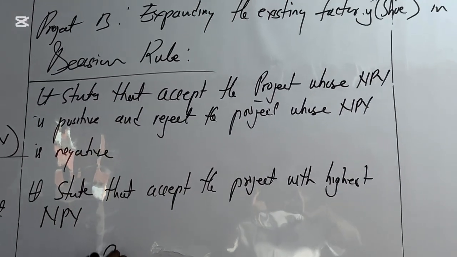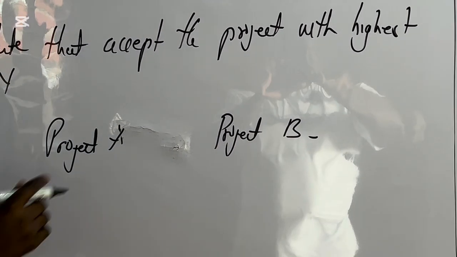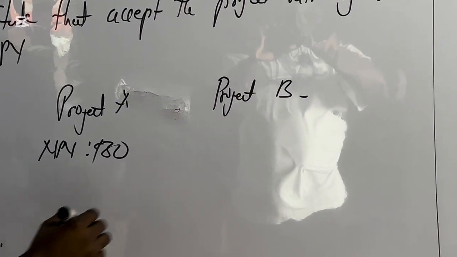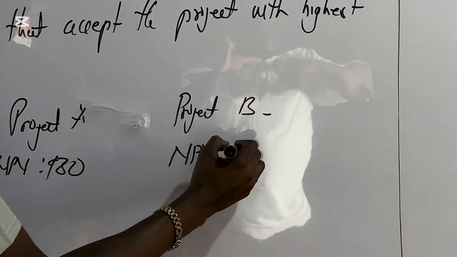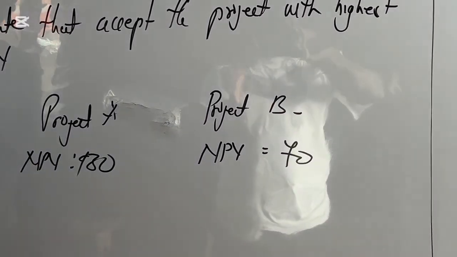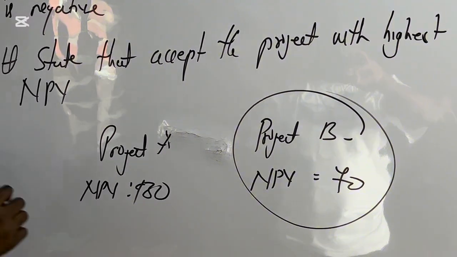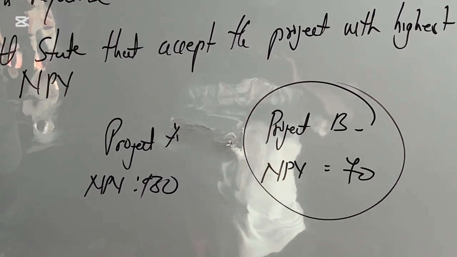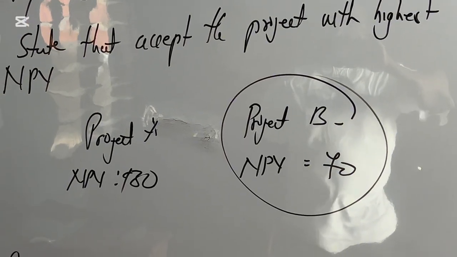So if project A, and let's say project B, and project A's net present value is, let's say, 30 cedis, and then project B's net present value is, let's say, 70 cedis. By the decision rule, the company should invest in which project? B. So we shall look at one or two examples so that we know how to go about it when we are given a question under net present value.